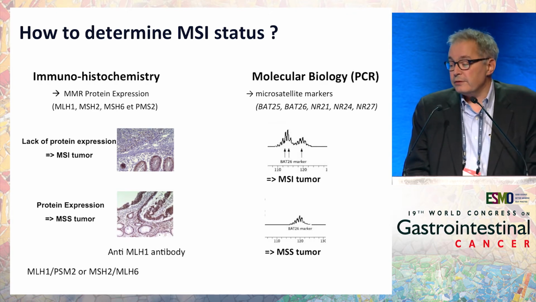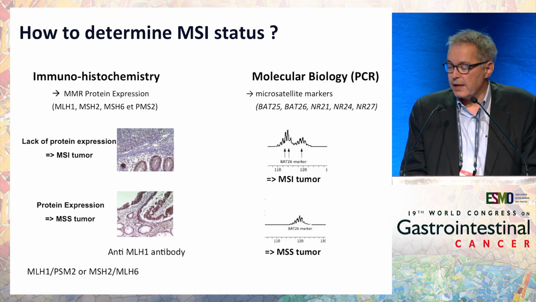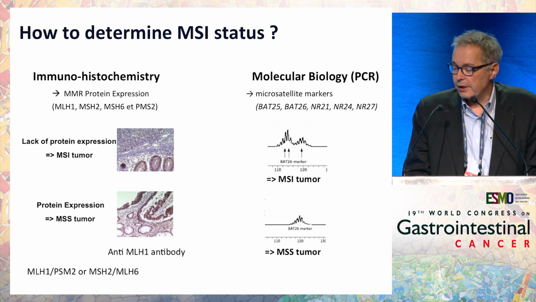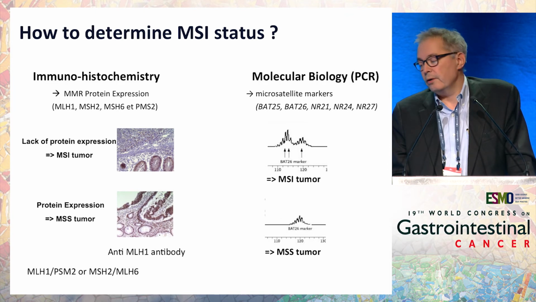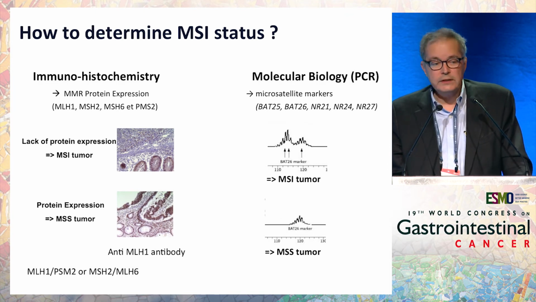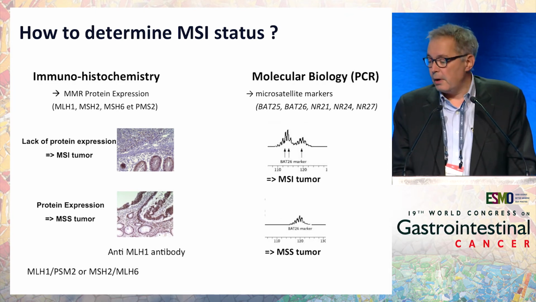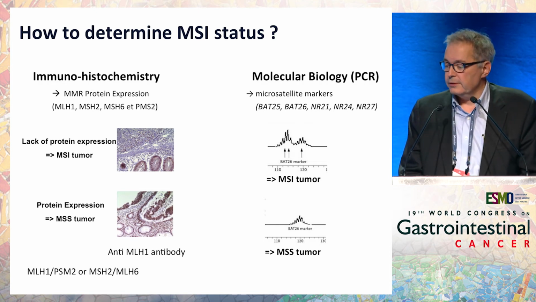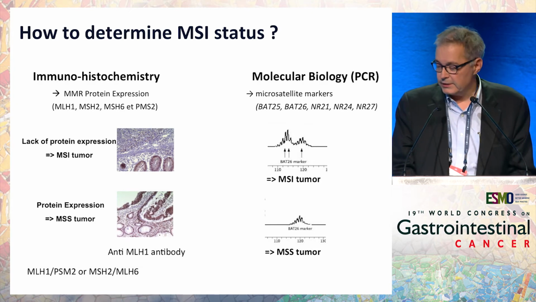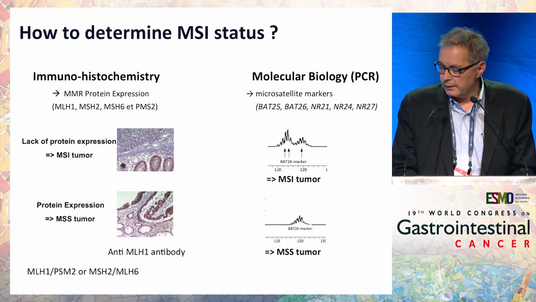And you can also study the MSI status, as I already mentioned, by molecular biology, by amplification. And in fact, now there is a well-recognized test using 5 markers, and you can conclude that you have an MSI status if at least 2 or 3 markers are unstable.